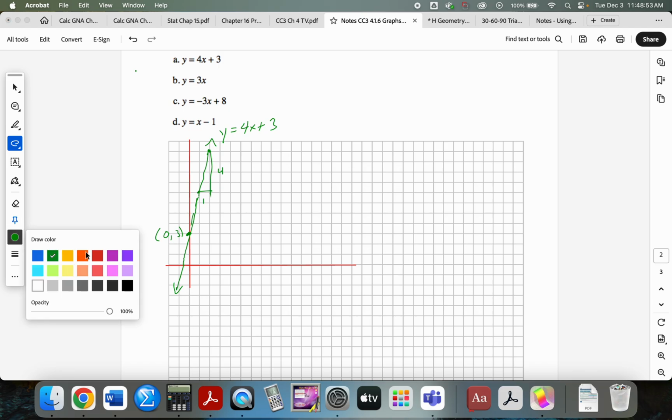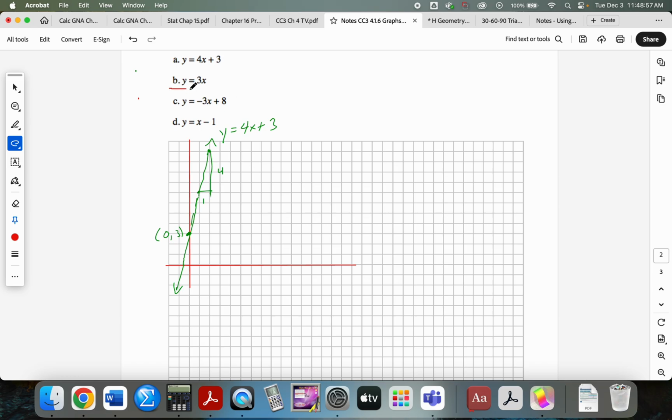We'll do the other one in a different color. So this one's a little bit different. It's y is just 3x. And you're like, well, they didn't tell me where to start. Well, they did. They just didn't write it down. Do you start at 0? Yep, that's exactly right. You start at 0 because 3x is equal to 3x plus 0.